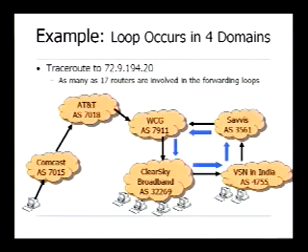And I will focus on this example. In this example, 4 autonomous systems are involved in the loop. Here, WCG is Williams Communications Group, and Clear Sky is a broadband network in the United States.